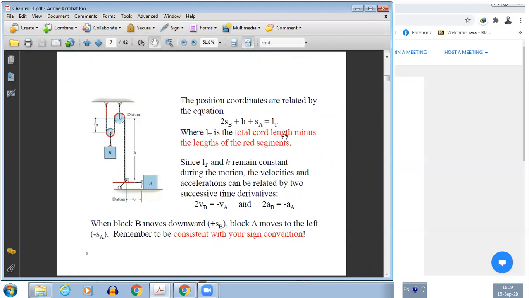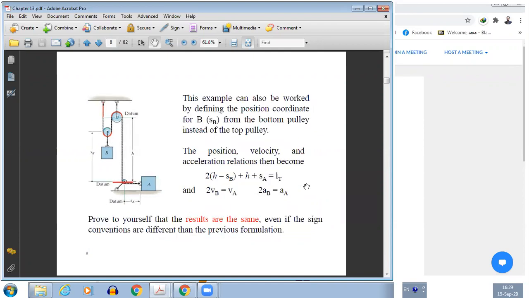So you can see here, certain 2SB, they initially put H, but eventually when you differentiate it, H is also a constant. It will go to zero, like LT goes to zero. So it's 2VB equals negative VA, or 2AB equals negative AA.